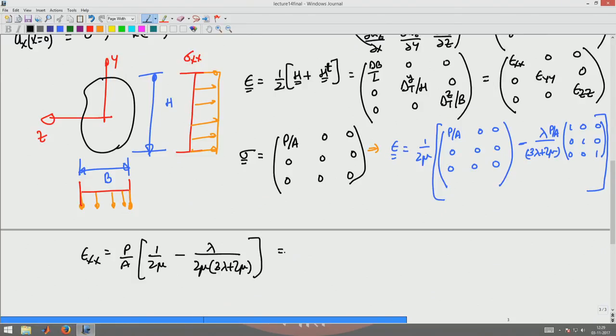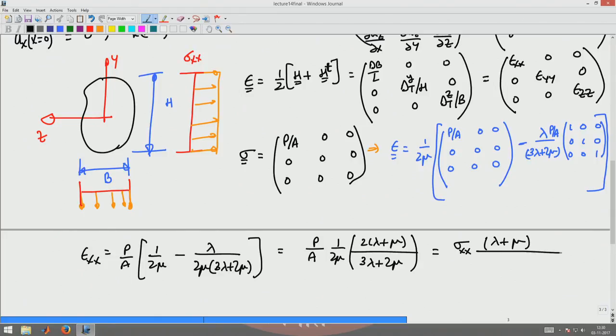So, this on simplification will give me p by a into 1 by 2 mu into 2 times lambda plus mu divided by 3 lambda plus 2 mu, which simplifies to, let me call it, sigma xx stress into lambda plus mu divided by mu times 3 lambda plus 2 mu.